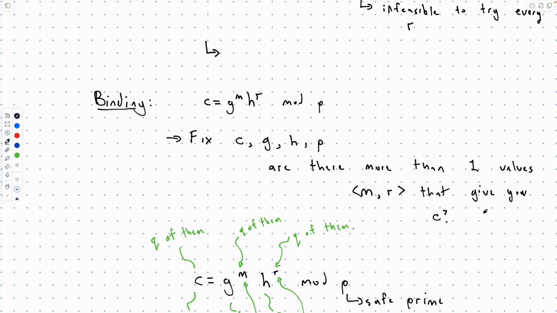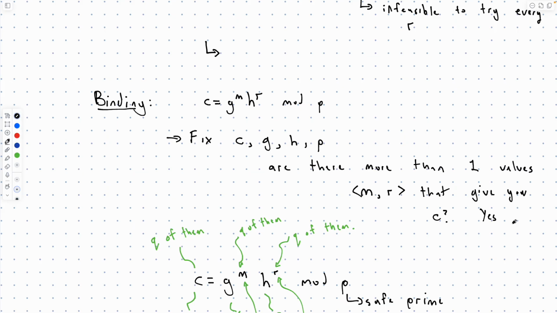The answer is yes. So this is a commitment function where you can open it up to more than one value. You can commit to rock with one random value, and then later when you want to open it up to paper, because that's going to win you the game, you can find a different random value that will allow you to open it up to paper.